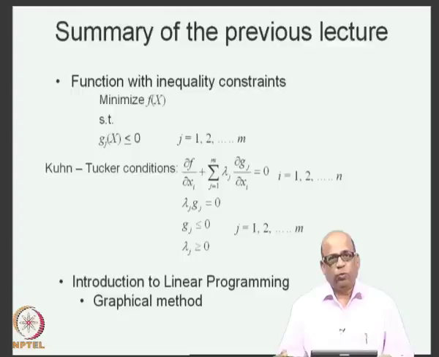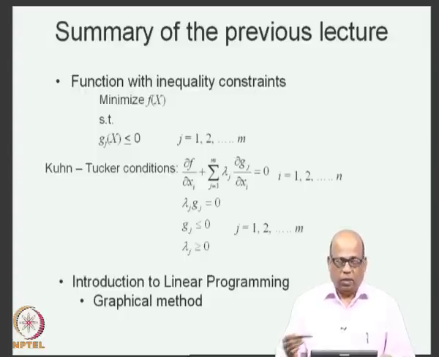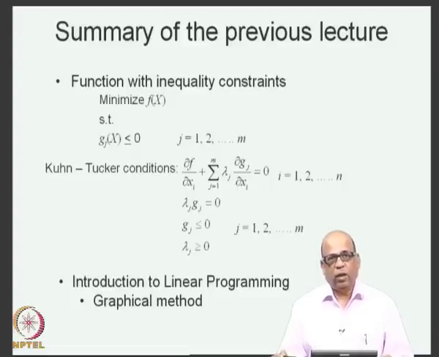Then we introduced the most important topic of this course, namely linear programming. Recall that we said if f of x, which is the objective function, is a linear function of the decision variables, and all the constraints g j of x are linear functions of the decision variables, and additionally the decision variables are all non-negative, then it constitutes a general form of a linear programming problem.